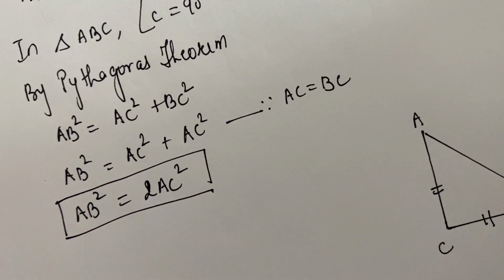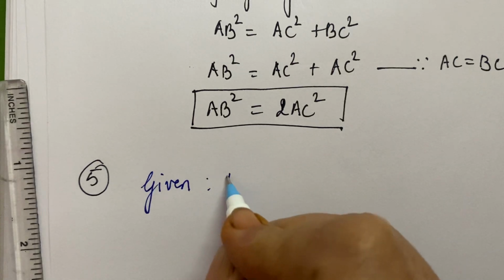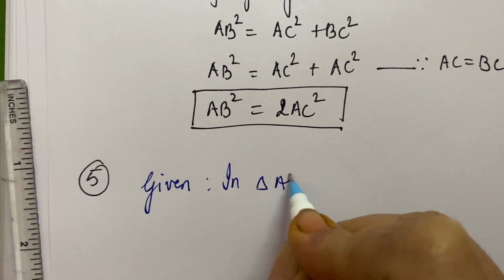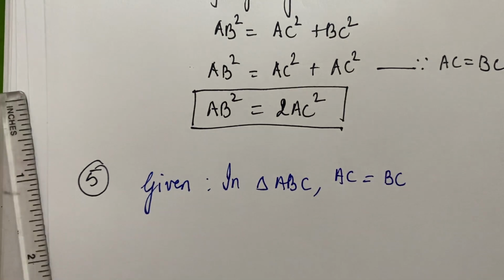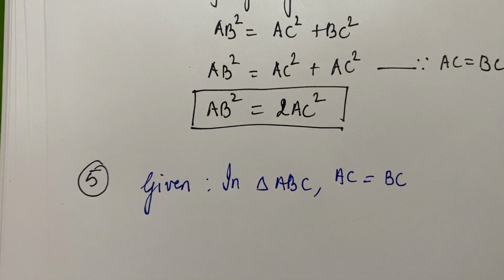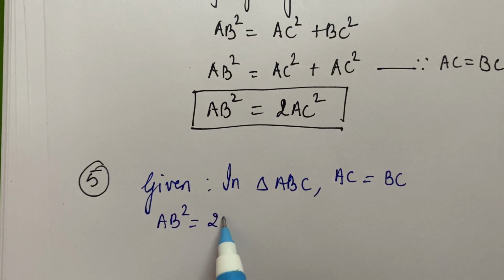So what are we given here now? You are given in sum number 5, in triangle ABC, AC is equal to BC. That means the triangle is an isosceles triangle. This is what is given to you. And you are also given AB square is twice AC square.